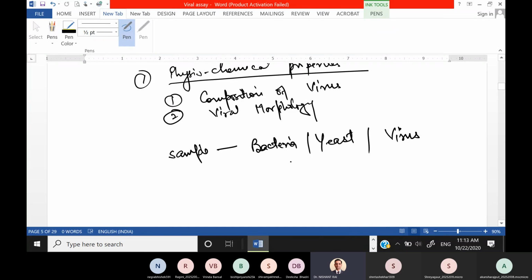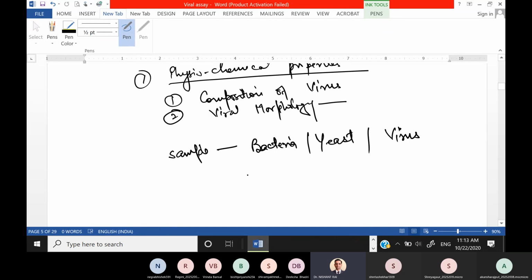And it is asked that identify the organism on the basis of its morphology. On the basis of morphology, can anyone tell me how you will identify or differentiate these organisms?